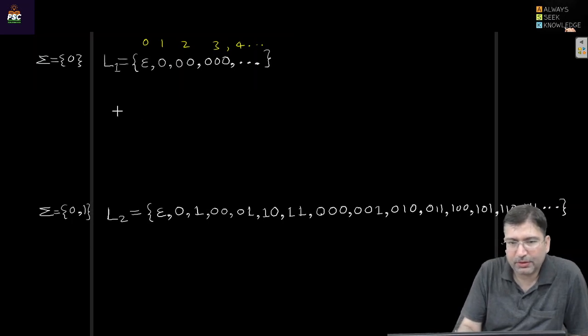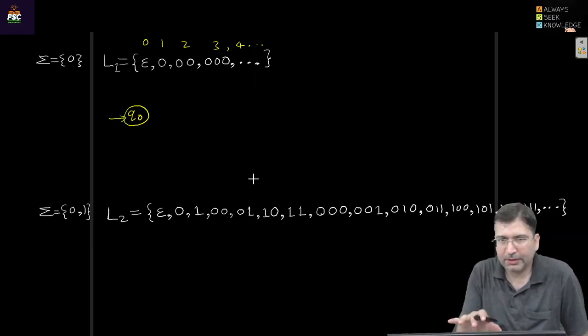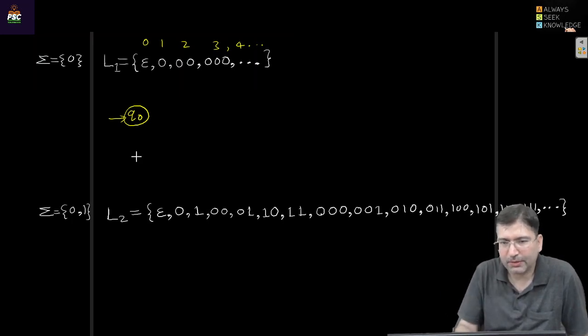So first we need to decide the initial state. Let's say q0 is the initial state. I'm not bothering whether I'm drawing the NFA or DFA. It is easier to draw an NFA compared to a DFA. Later on we will understand how to convert NFA to DFA.